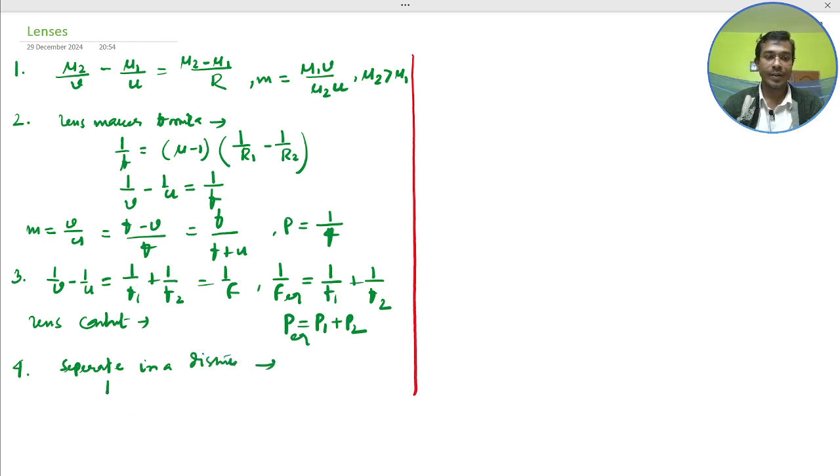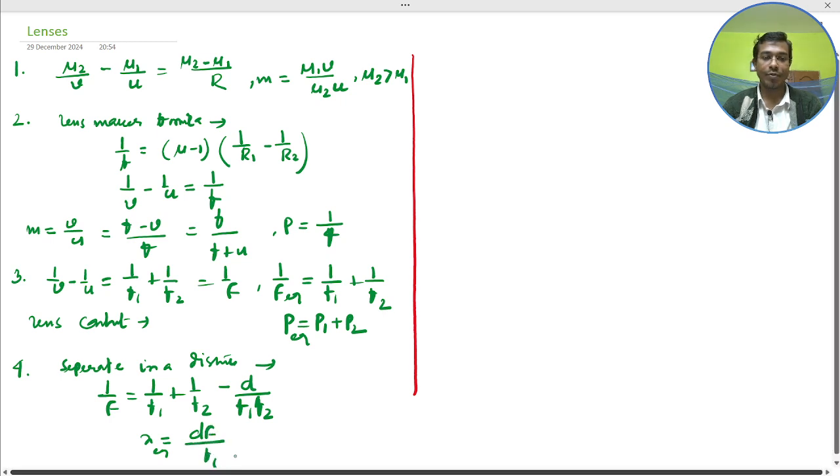So 1 by f equal to 1 by f1 plus 1 by f2 minus d divided by f1 f2, and the position of the equivalent lens would be d f divided by f1.